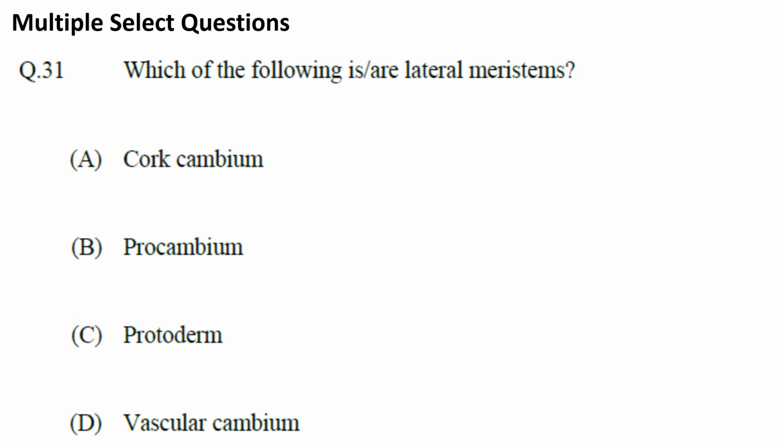So that's correct. Procambium is primary meristem giving rise to primary vascular tissue, xylem and phloem. Protoderm is primary meristem that gives rise to epidermal cells. And vascular cambium produces secondary xylem and phloem, thereby increasing stem diameter. So A and D is the answer.